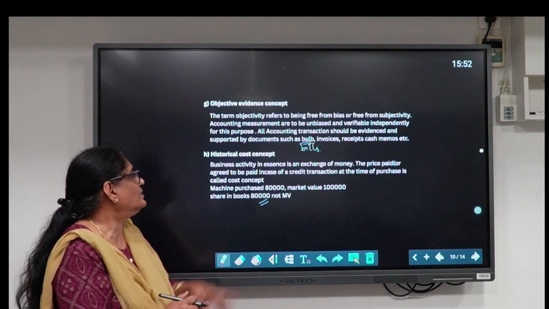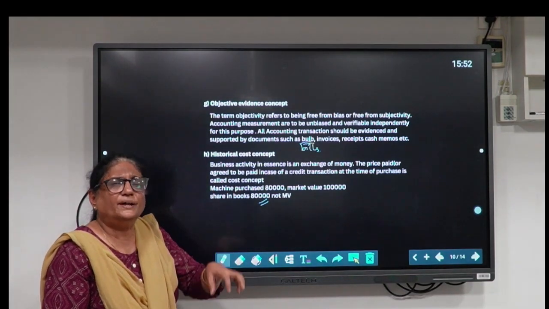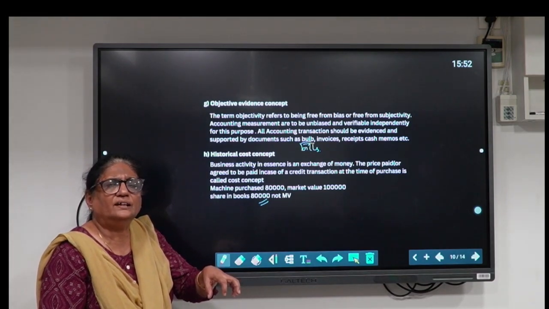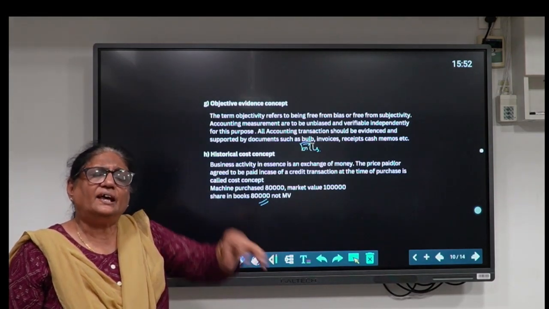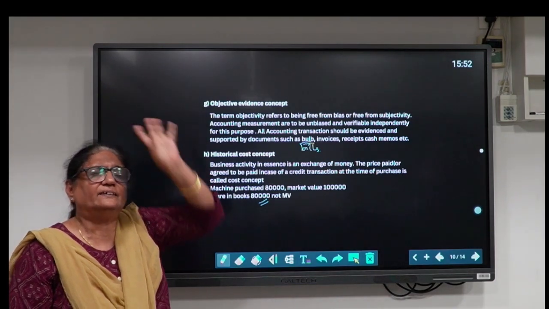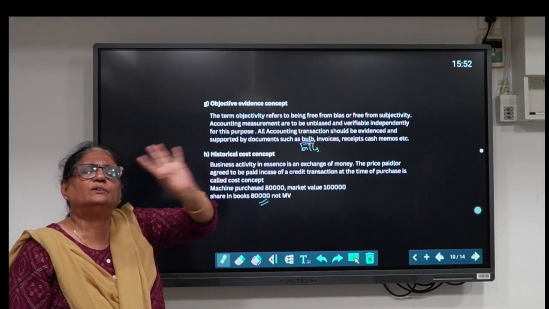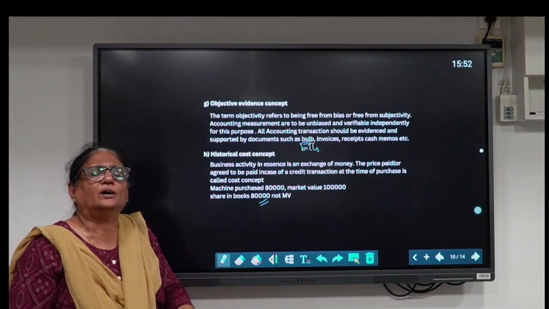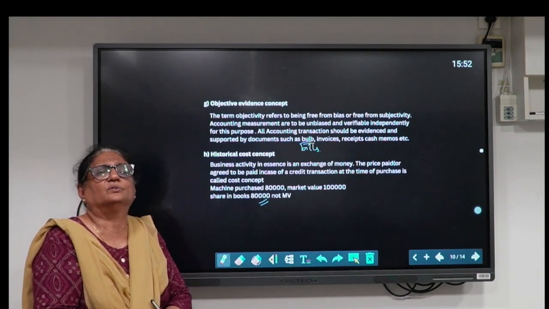Today I brought the machinery for 80,000, and that same 80,000 will continue. Or I bought a building for 80,000, and at that same cost I will show it in my books of account. After 10 years if I open and see, my cost is still 80,000 only.